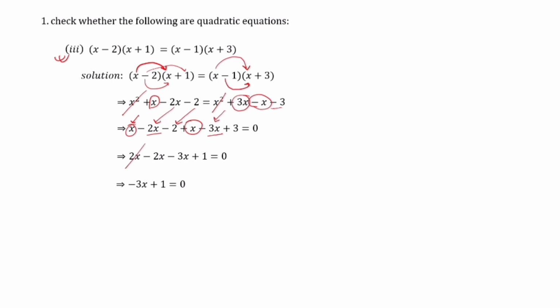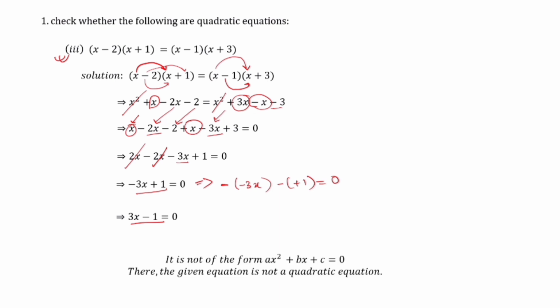So if you see clearly, this and this get cancelled, so we are left with only minus 3x plus 1, minus 3x plus 1. So this I can multiply both sides by minus, so minus with minus will give me plus 3x, so minus plus will give me minus, so 1 into 1 will give me 1, so this is the final expression.